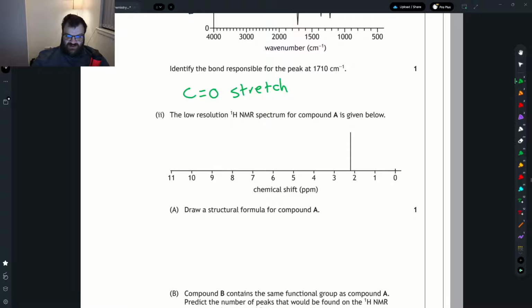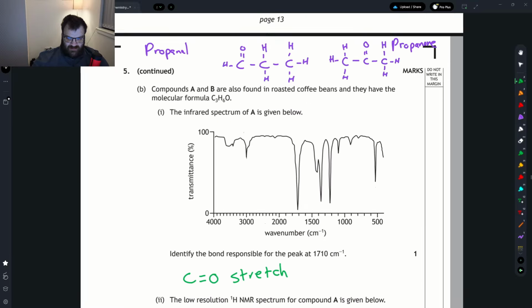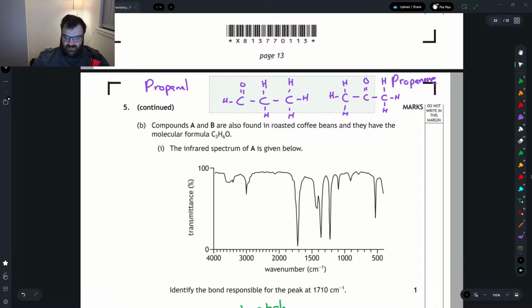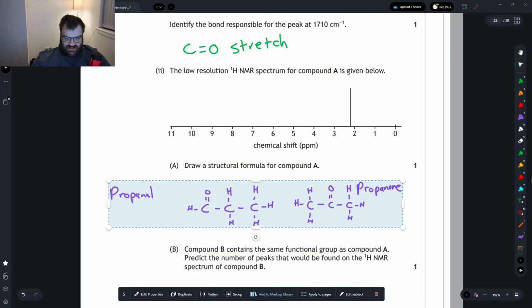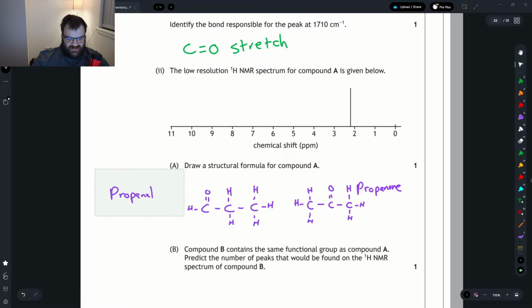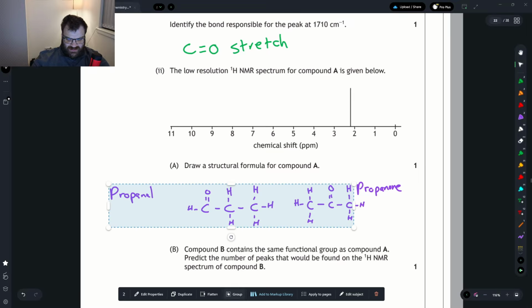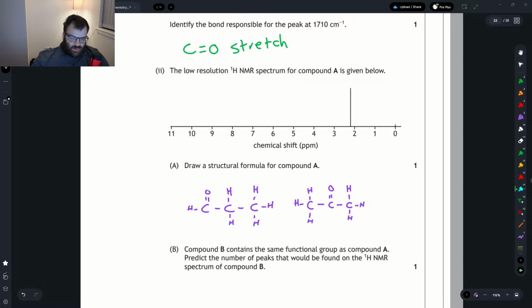Next up, we have to draw a formula for compound A. Well, luckily enough, I have already sketched them out. And this now comes down to the hydrogen environments. So with the compound on the left, there's a hydrogen in this environment here.